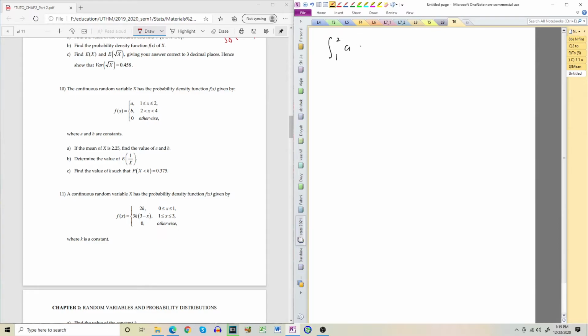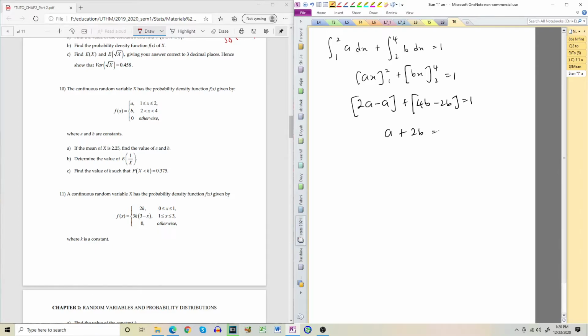This time don't multiply with x. This is the second equation.